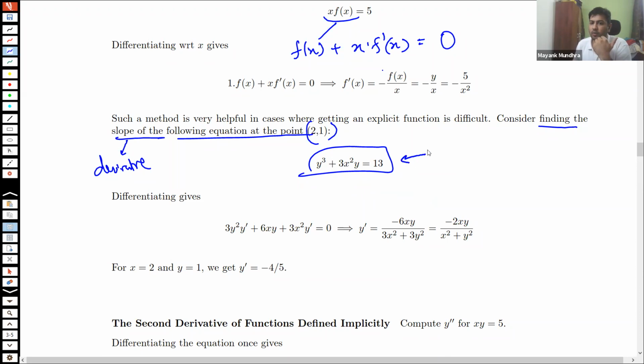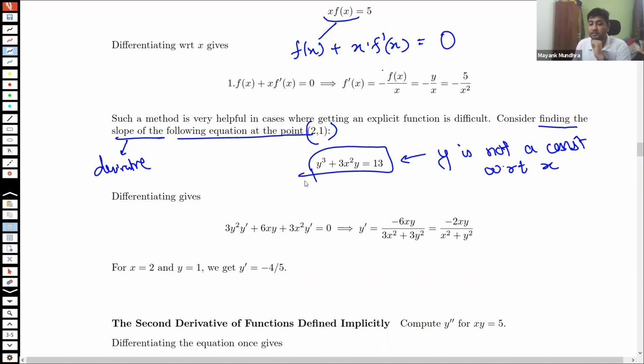Now, when I say you assume y is some function of x, it automatically implies that y is not a constant with respect to x. A lot of times you would get confused, because sometimes we say when you differentiate with x, keep y constant.